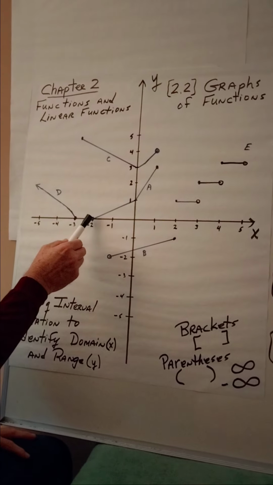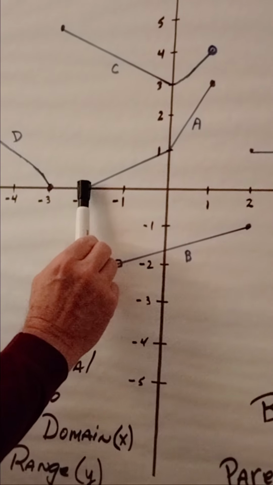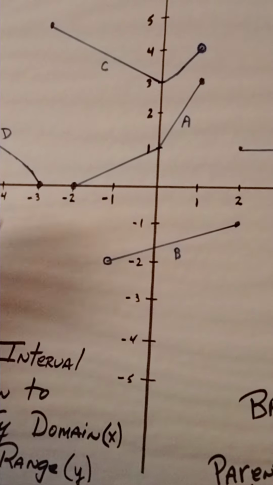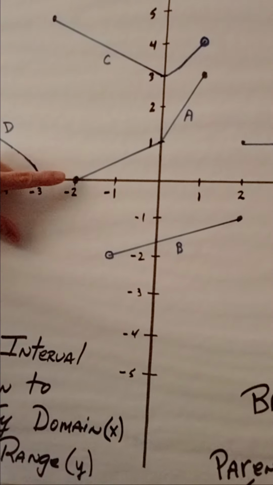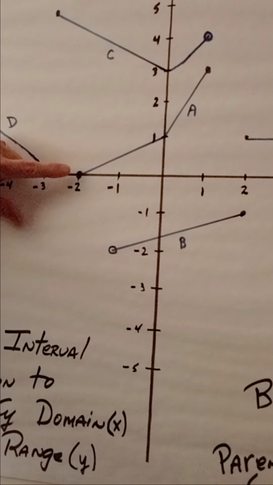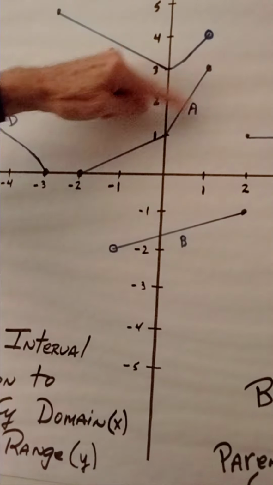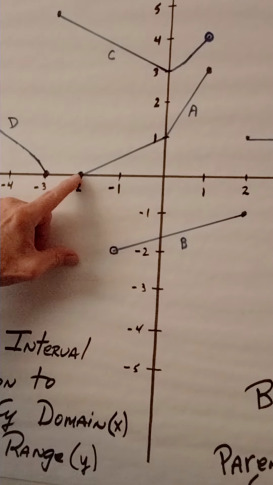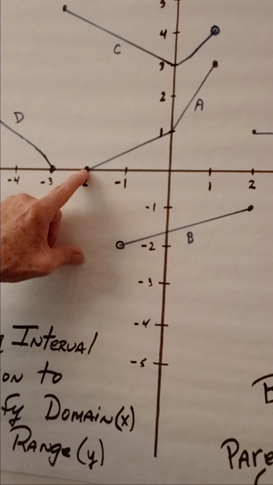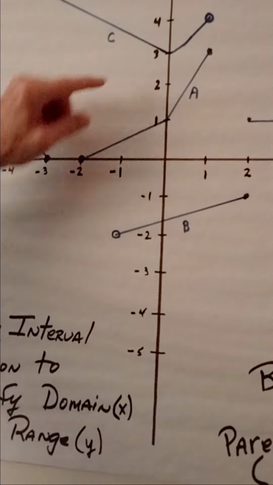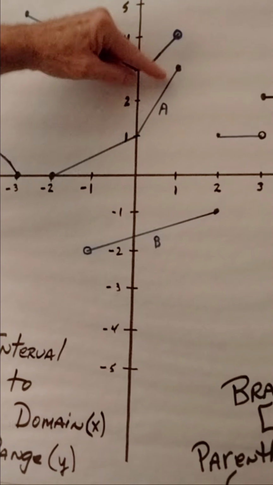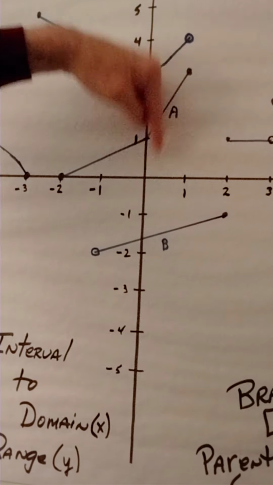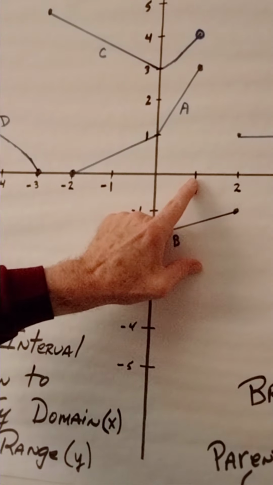Now, if we want to identify the domain of this graph right here, we're going to start at the smallest value that would appear on this graph. And the smallest value that would appear on this graph would be this point right here at -2. The highest point, or the largest value on this graph, domain-wise, x value-wise, it's going out as far as x is 1.